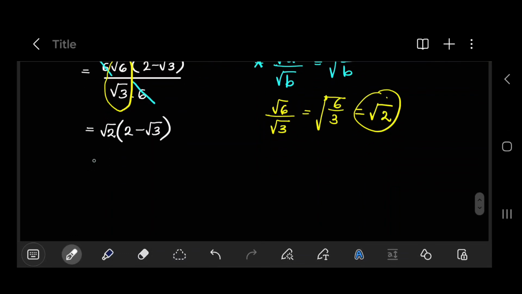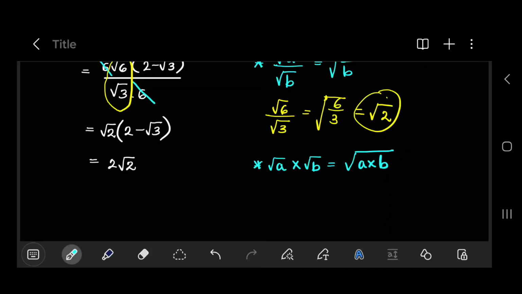And here's what we're going to do. We're going to take the square root 2 and multiply into the bracket with both terms. Square root 2 times 2 is 2 square root 2. And for the next part, square root 2 times square root 3, there is this rule that says square root a times square root b is equal to the square root of a times b.